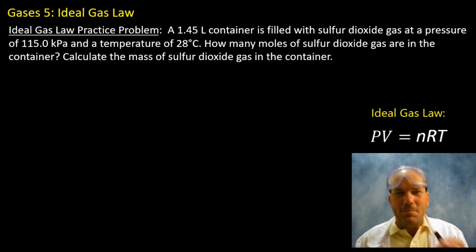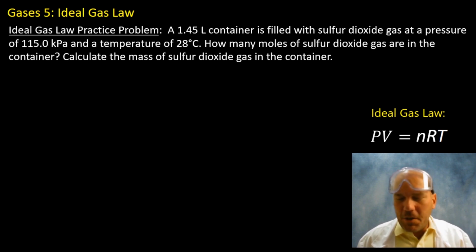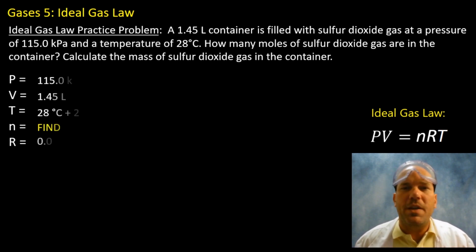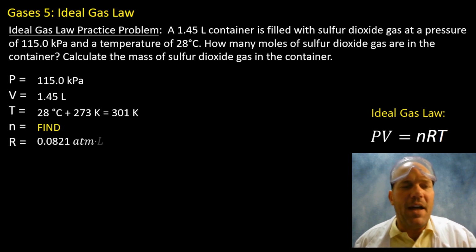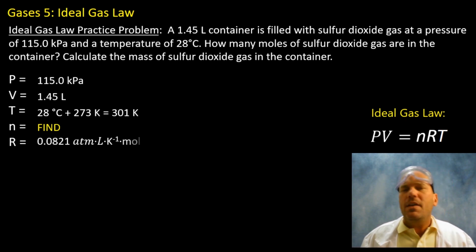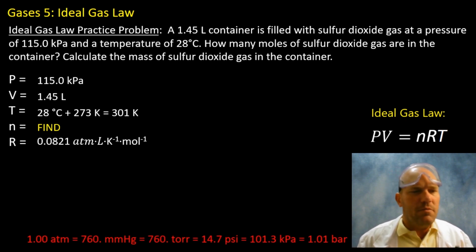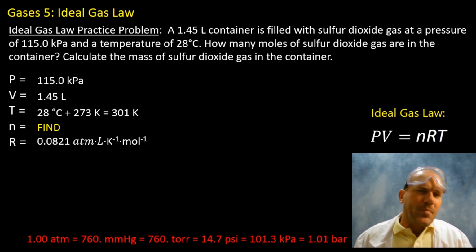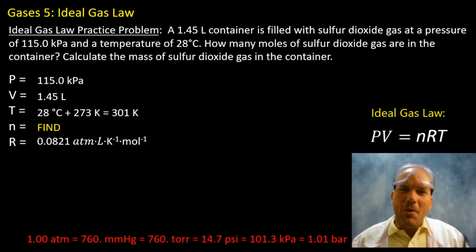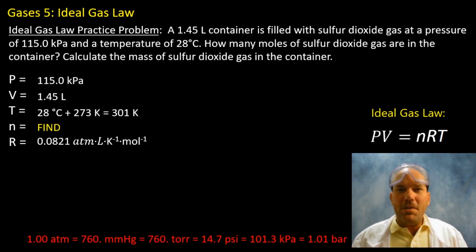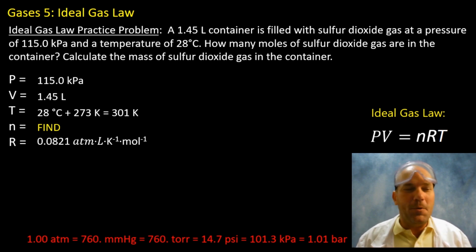All right, so given these variables, we're going to utilize the ideal gas law. Let's write down our variables and put what we know and what we're trying to find. We're trying to find the amount of the substance, the amount of moles. We're given all the other values, and at the beginning of this video, we calculated the value for the ideal gas law constant from an expression that we derived in gases 4.